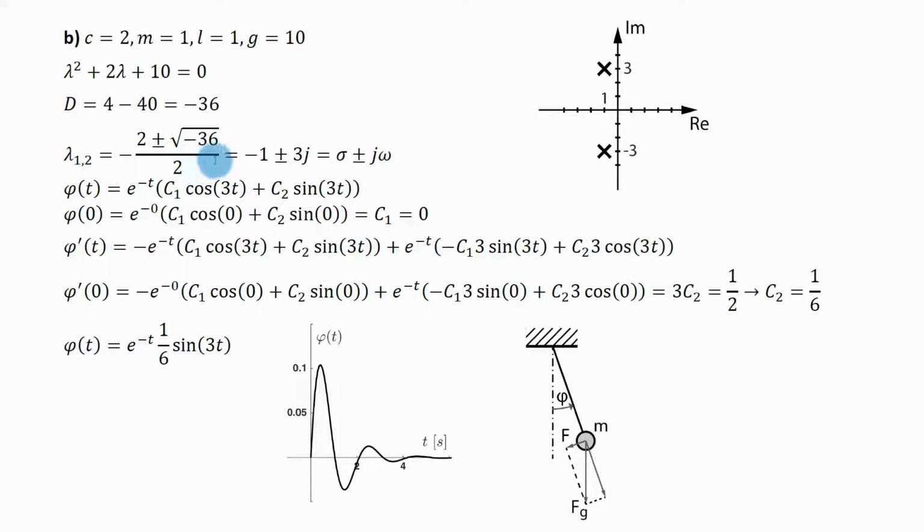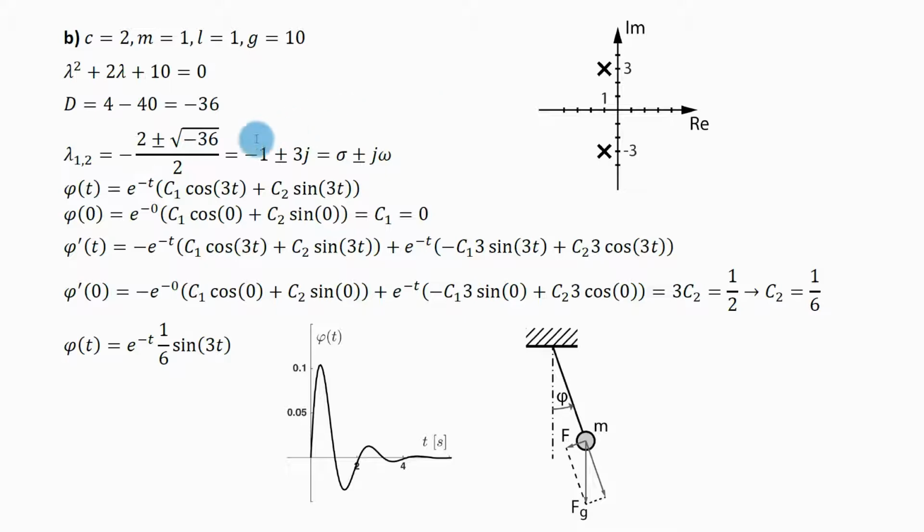This is the formula, and when you evaluate it, you will get that the roots are -1 plus minus 3j. I can take these roots and plot them in the complex plane, and here I immediately see that the system will be stable because those roots are on the left hand side of the complex plane, and because they are complex, the response of the system will be stable underdamped.